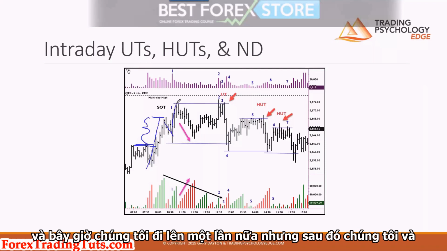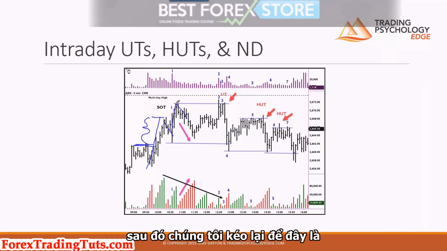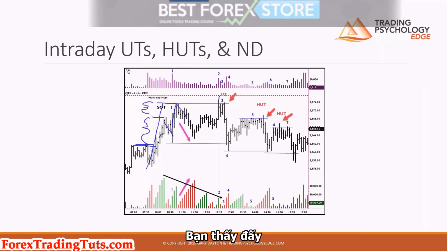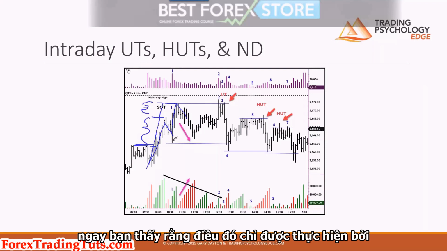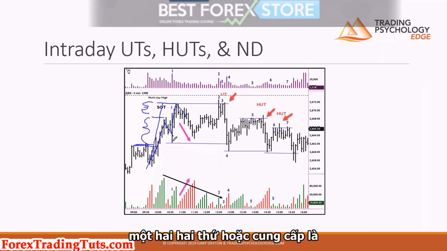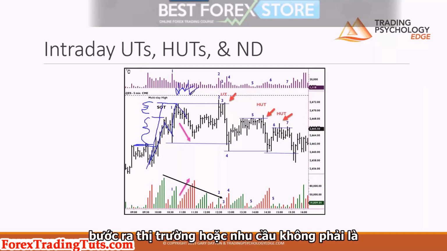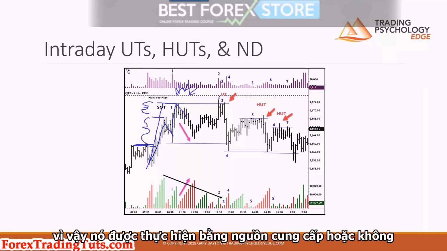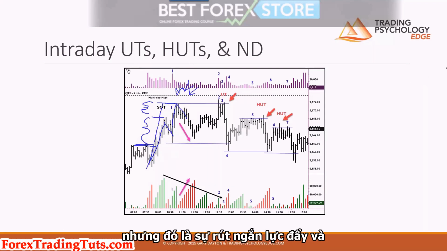And now we go up again, but then we pull back. So this is the progress we've made on this wave. You see? The thrust of the wave is shortening. That is done only by two things. Either supply is coming in and stepping on the market, or demand is not strong enough to push it higher. So it's either done by supply or no demand. But that's shortening of the thrust.